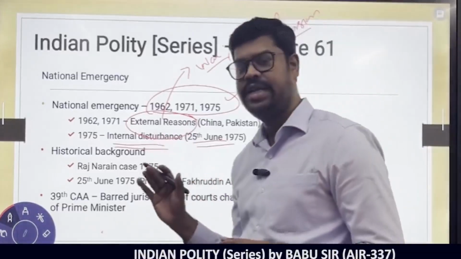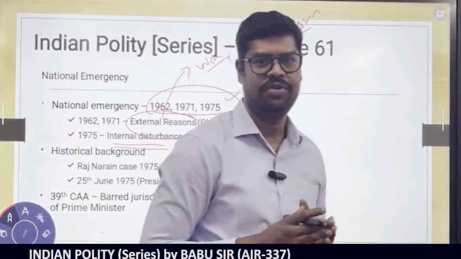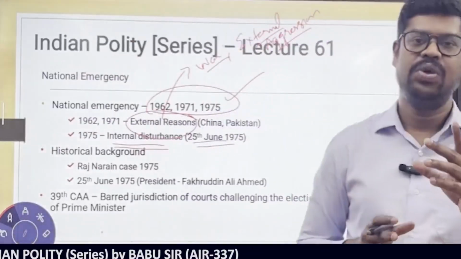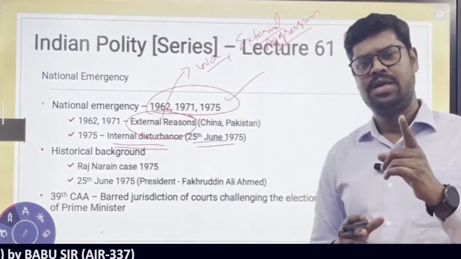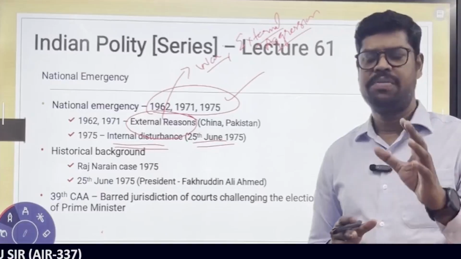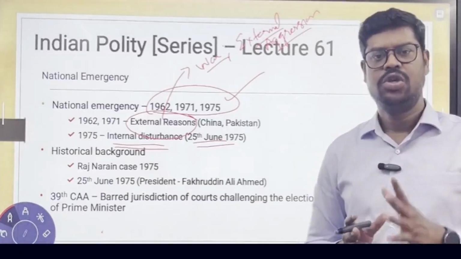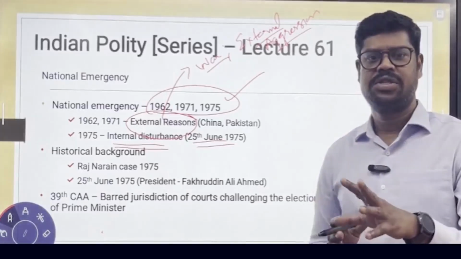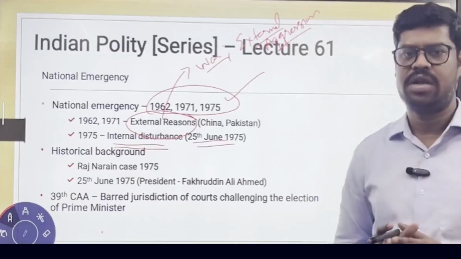Before this 1975 emergency, the elections to the Lok Sabha happened in 1971. In the 1971 Lok Sabha elections, Congress had a huge victory, and Prime Minister Indira Gandhi also won from a particular constituency, the Raebareli constituency in Uttar Pradesh. When she fought the elections in Raebareli, her political opponent was Raj Narayan.